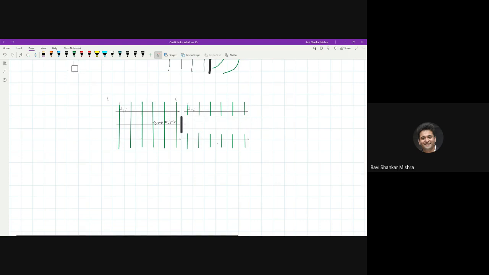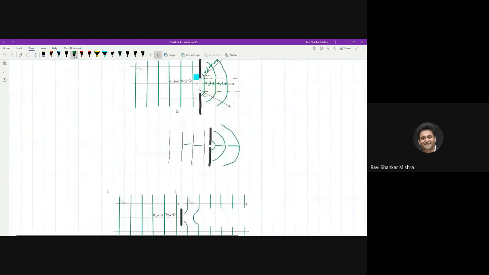What will happen at the corner? At the corner, it is going to bend in this direction. Why is that? Because it is a corner and the wave will bend through the corner.